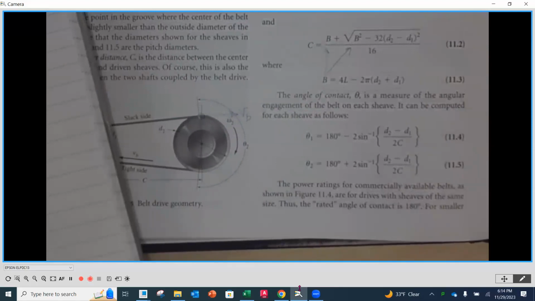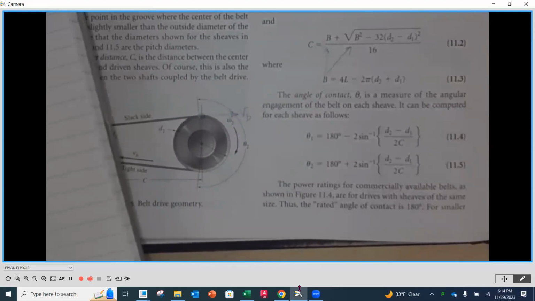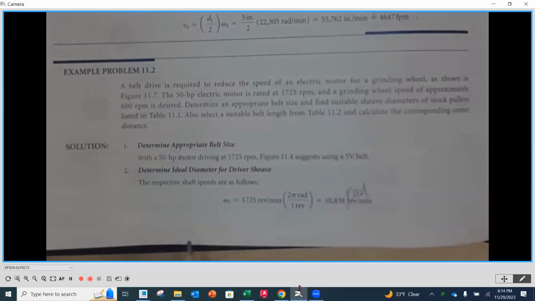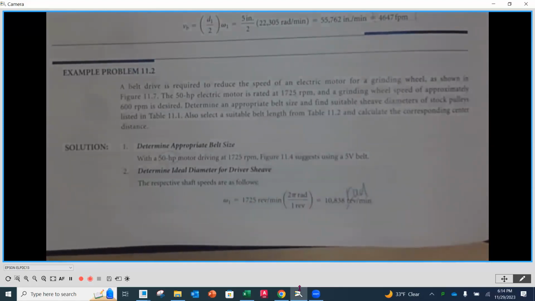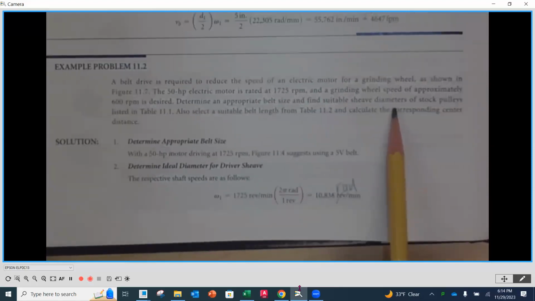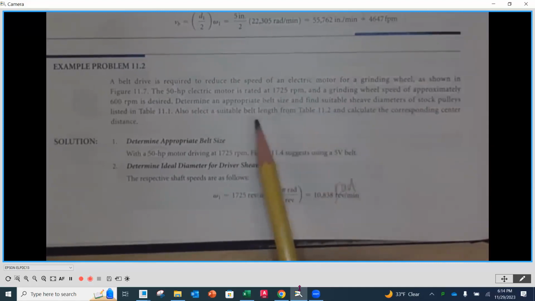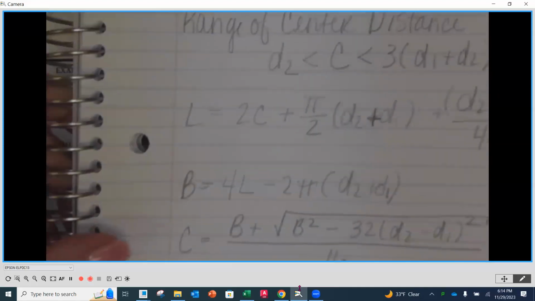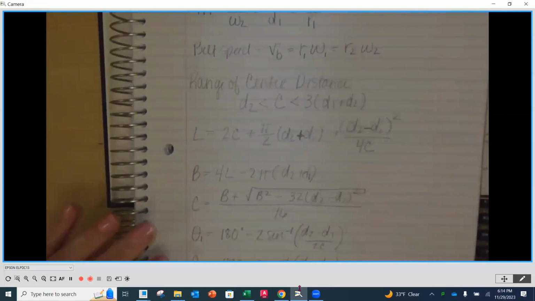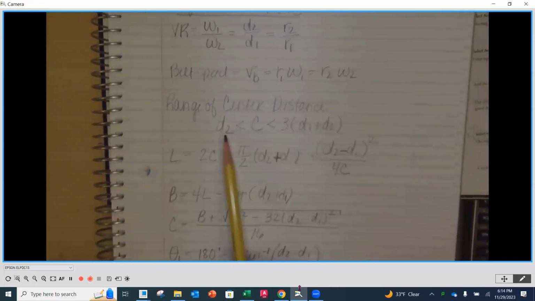All right, we can go back to our problem now, and we are going to calculate our corresponding belt length and the center distance. We first need to identify the range for which our center distance has to be between.